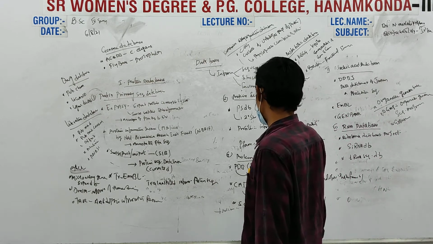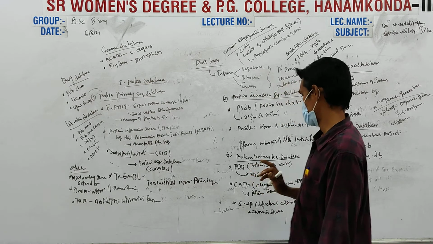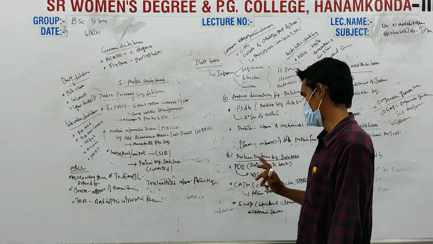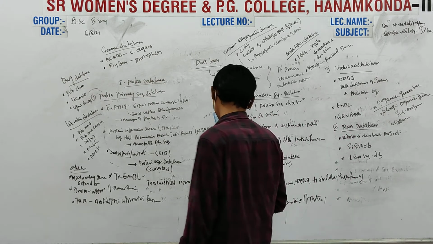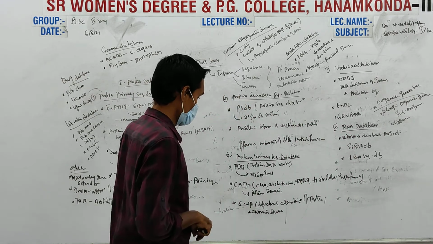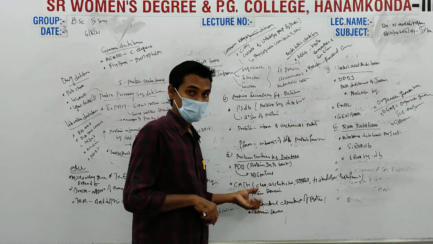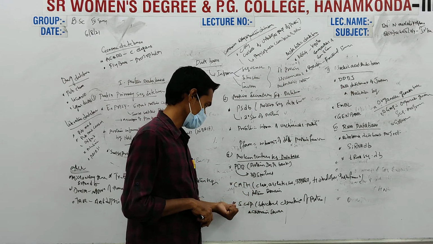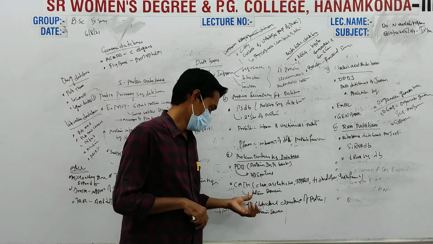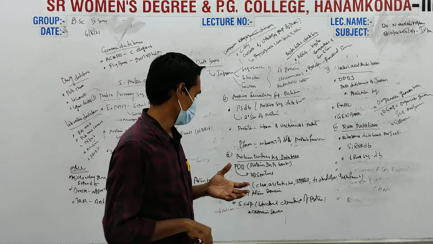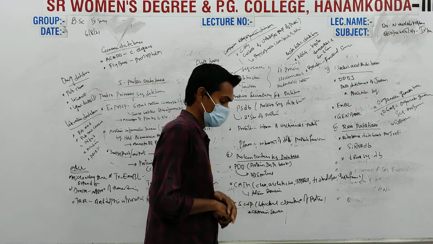Next are the protein tertiary sequence databases, which have the Protein Data Bank, PDB, and CATH, that is class, architecture, topology, and homologous superfamilies, which contains the information of protein domains, and SCOP, structural classification of proteins, which gives the information of structural domains.